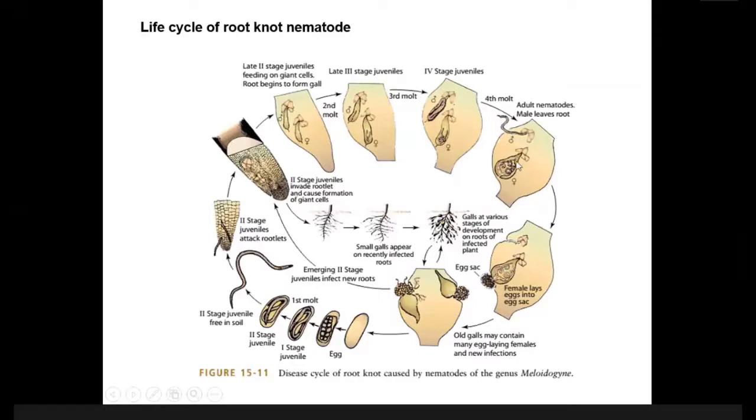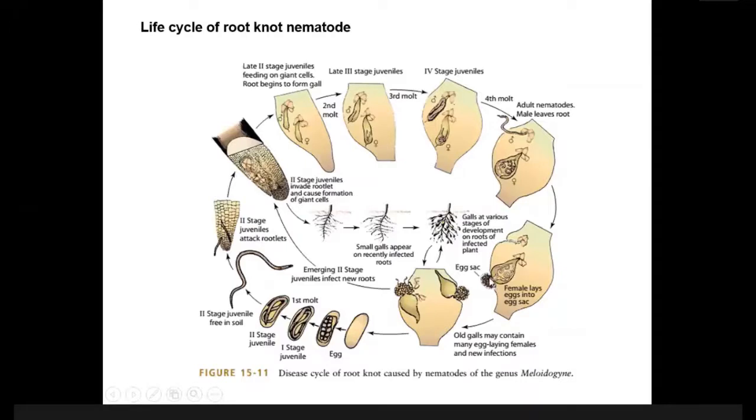But the female one becomes larger in shape, becomes lemon shaped or somewhat round shaped, and the production of eggs continues, and over the period the nematode will lay eggs. You can see here just outside the root in the egg sac. There are 300 to 400 eggs present in one egg sac.